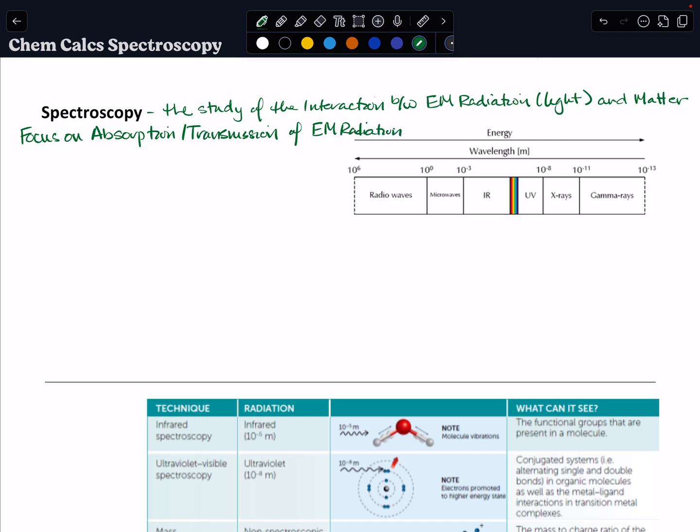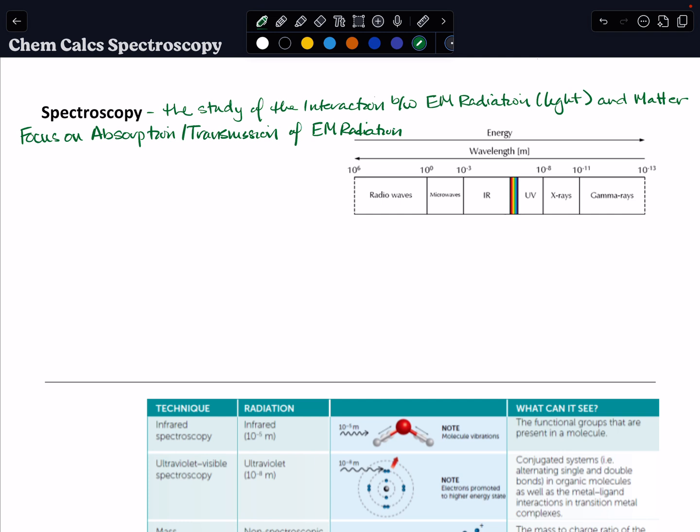All right. So, in other words, the energy is not going to be produced by the atoms and the molecules and emitted out. Instead, we're going to irradiate or shine light of particular wavelengths or a set of wavelengths on our matter and then observe what energy is being absorbed and what that energy is being used for, or what energy is not being absorbed, what is being transmitted through our sample.